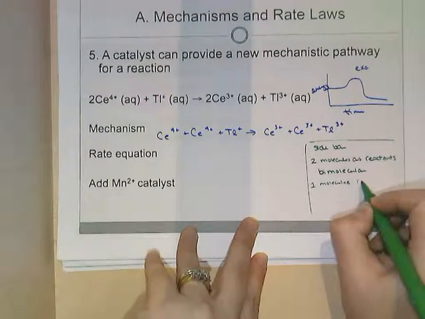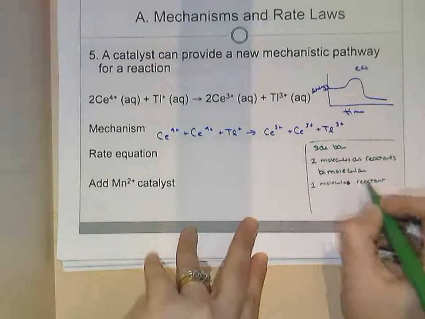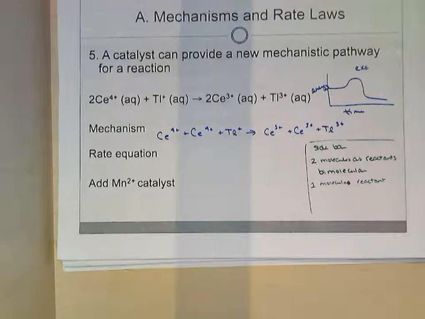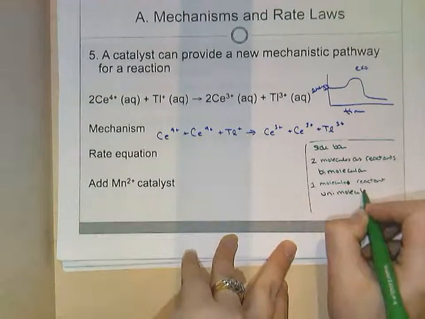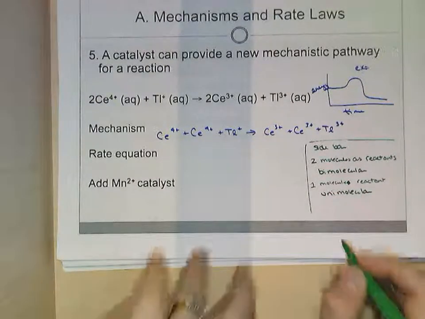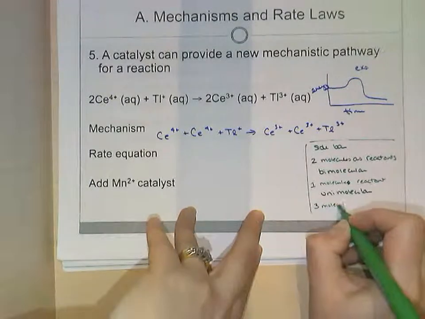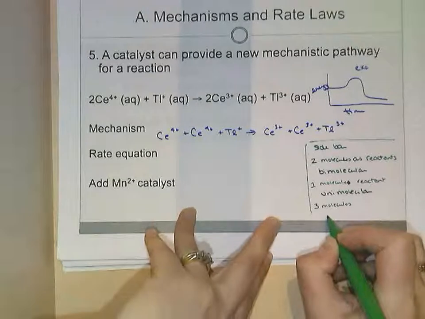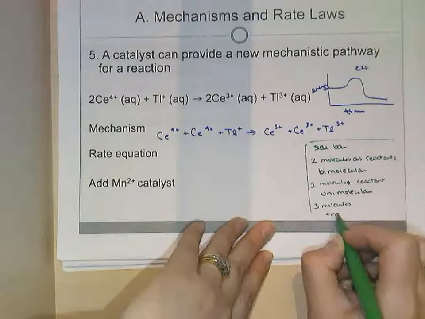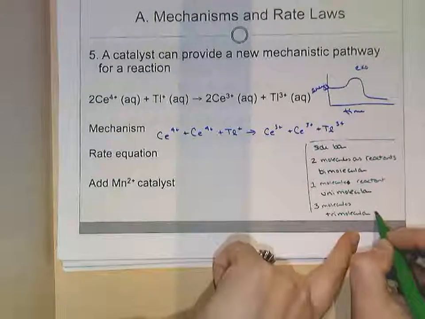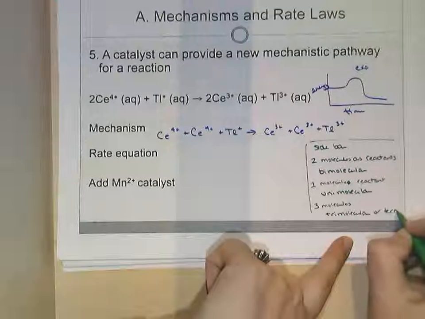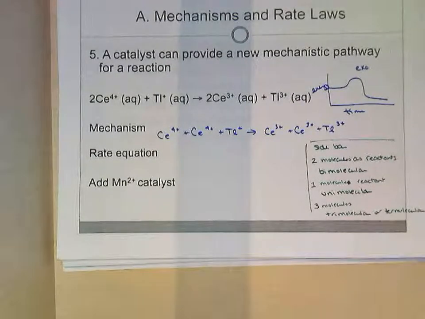If you have a single molecule reactant, like we saw earlier where it was ABC and it spontaneously explodes into individual parts, we're going to call that unimolecular. So when 3 combine together, sometimes it's called trimolecular and sometimes it's called termolecular, T-E-R, molecular.